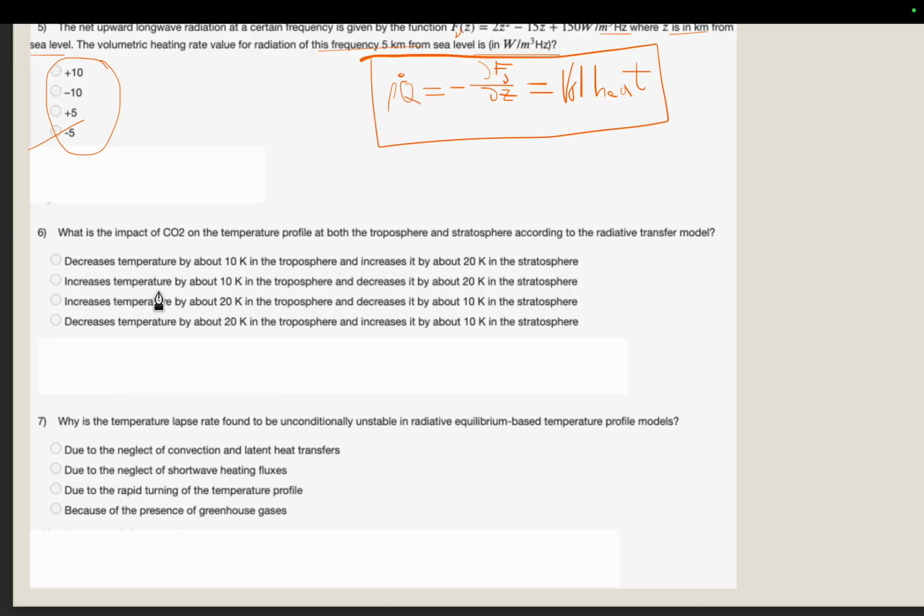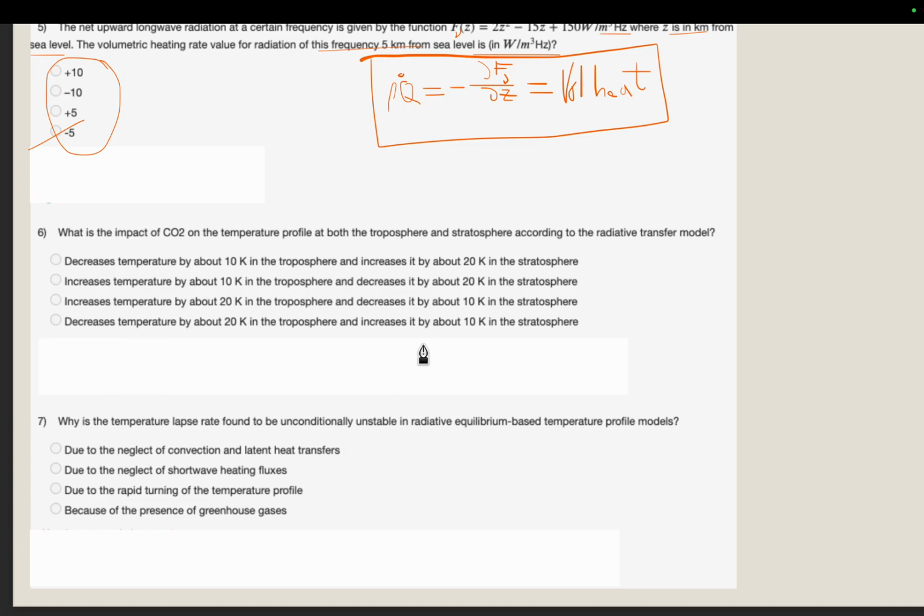Option 2, increases temperature about 10 Kelvin in troposphere and decreases it by about 20 Kelvin in stratosphere. Option 3, increases temperature about 20 Kelvin in troposphere and decreases it by about 10 Kelvin in stratosphere. Option 4, decreases temperature about 20 Kelvin in troposphere but increases it by 10 Kelvin in stratosphere.